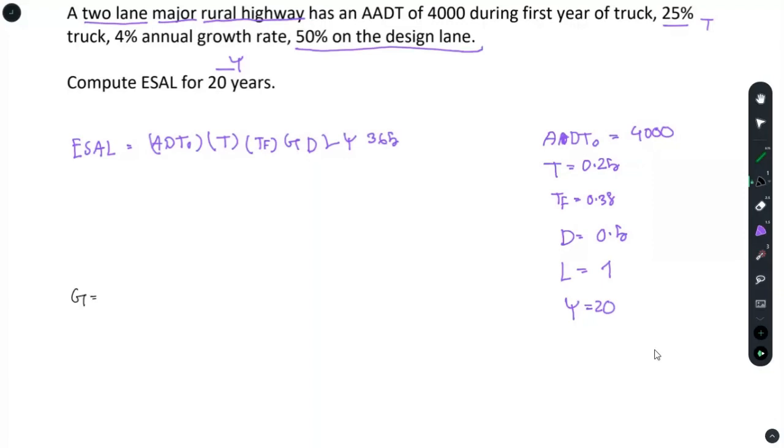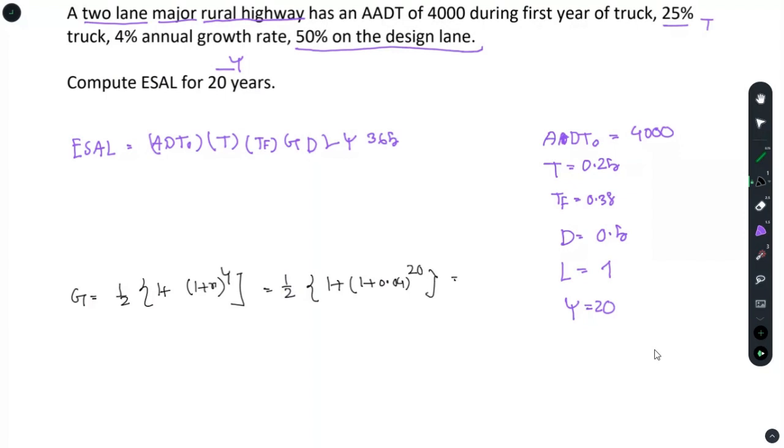The first equation is for the average method. That is, you just take half of 1 plus (1 plus r) to the power Y. So here we have half, and we have 1 plus, with an annual growth rate of 4%, so it would be 1 plus 0.04 to the power of the design period of 20 years.